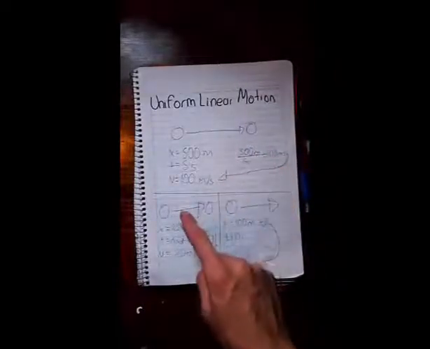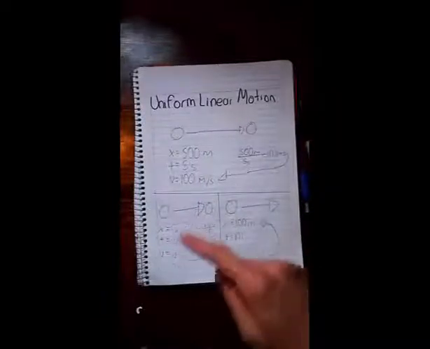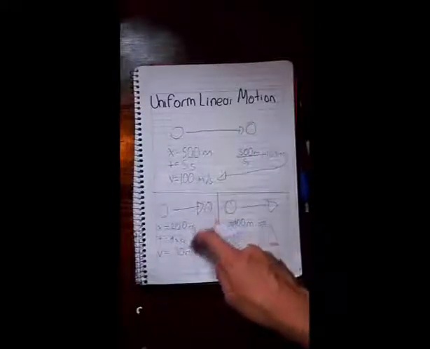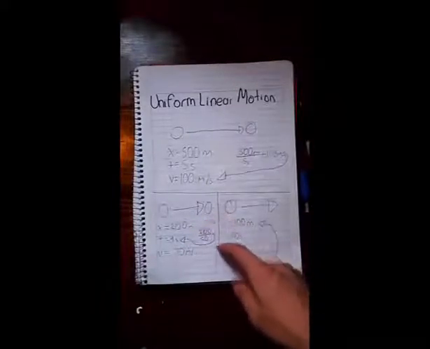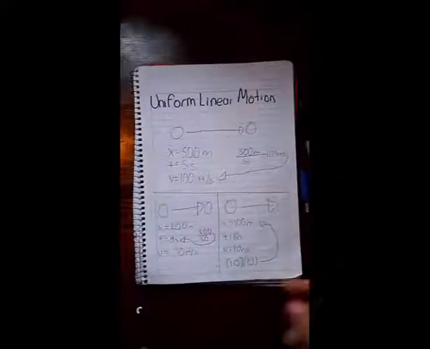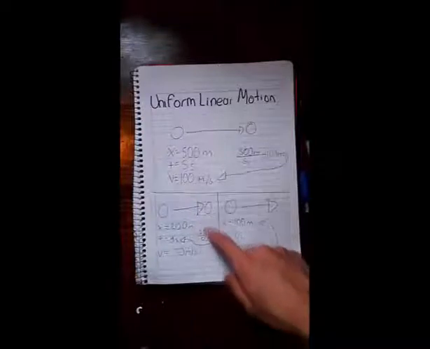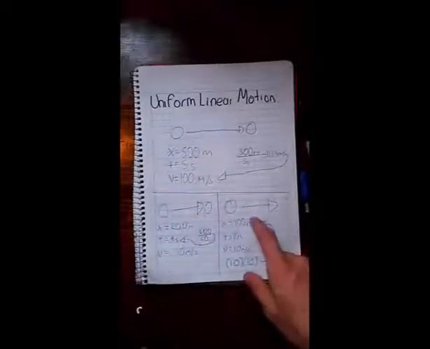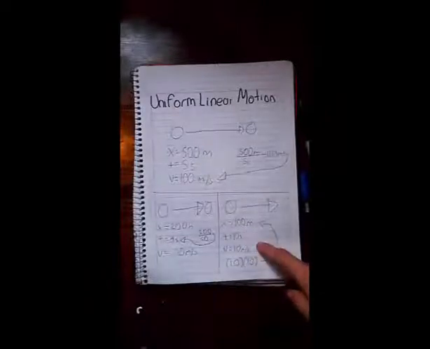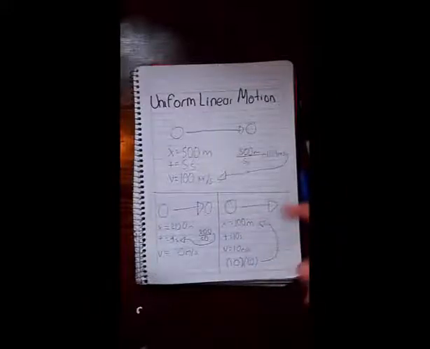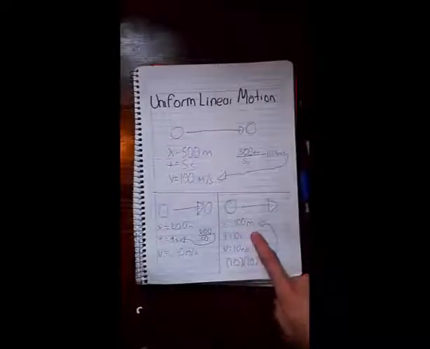If a body moves 200 meters with a velocity of 50 meters per second, it means that if we divide these two data, it will give us a time of 4 seconds in its movement. If we have that a body moves with a constant velocity of 10 meters per second in a time of 10 seconds, it means that it will move 100 meters.